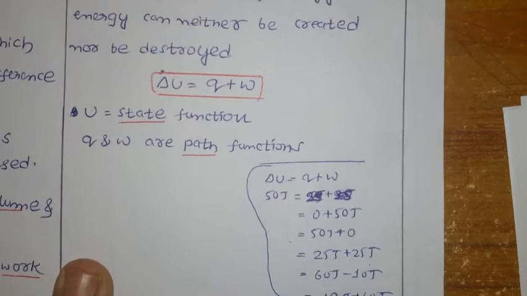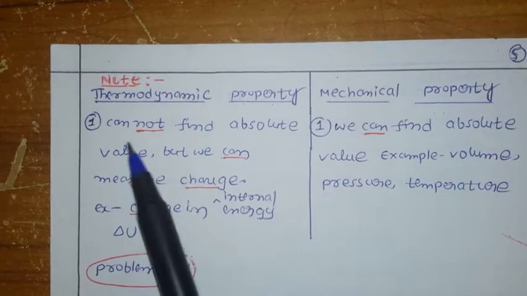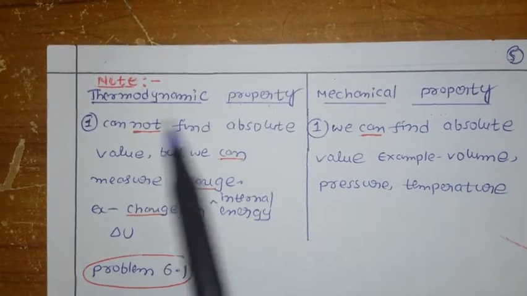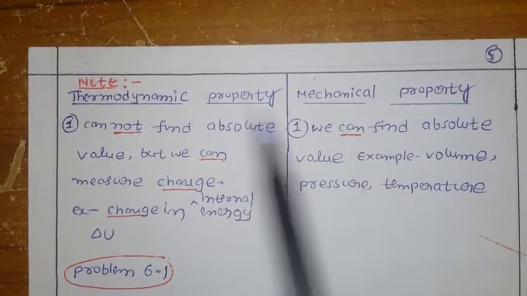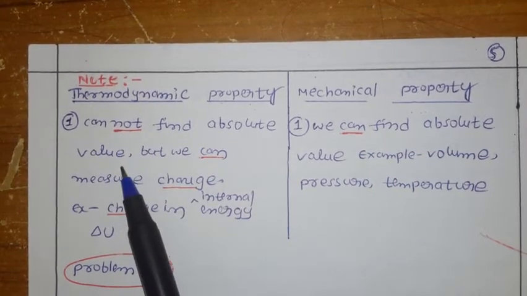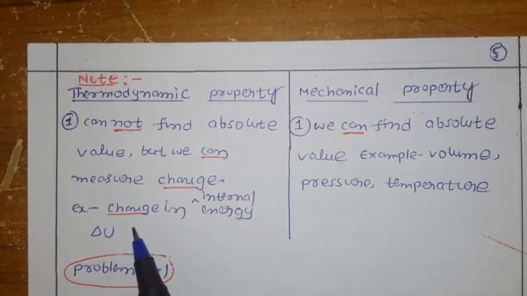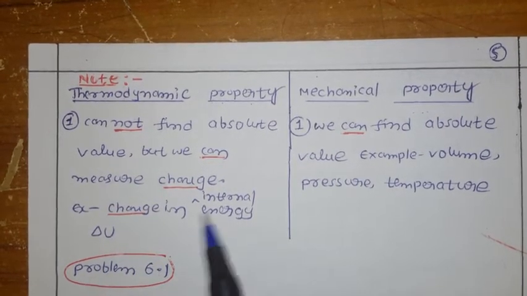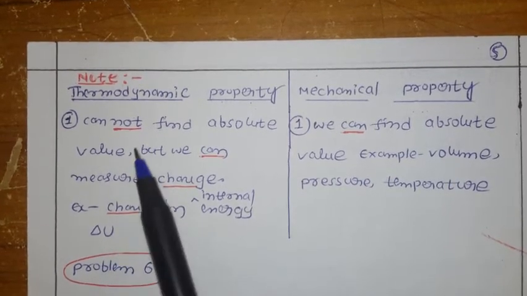Next, here we have one important note: thermodynamic properties versus mechanical properties. What is the difference? For thermodynamic properties we cannot find the absolute value, but we can measure the change. We can find the change in internal energy, delta U, but we cannot find U itself, the absolute value.